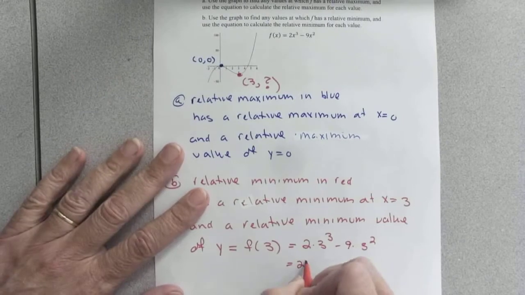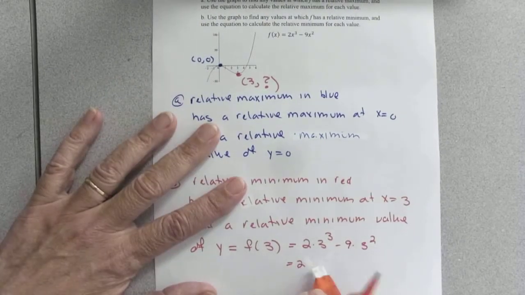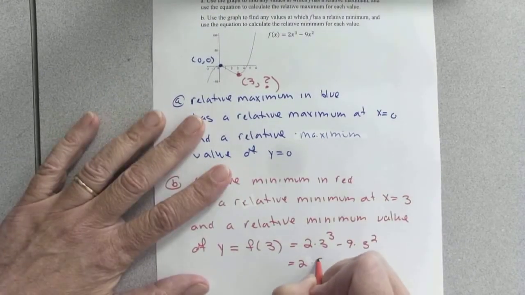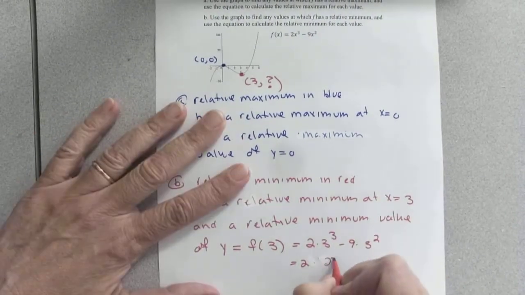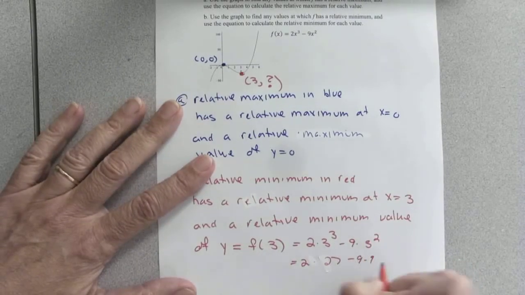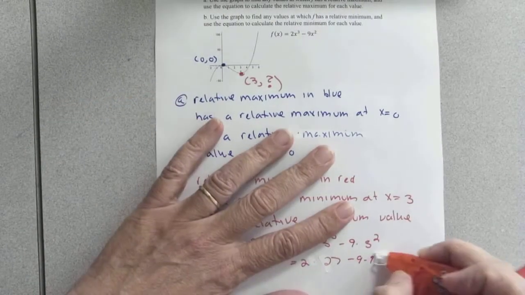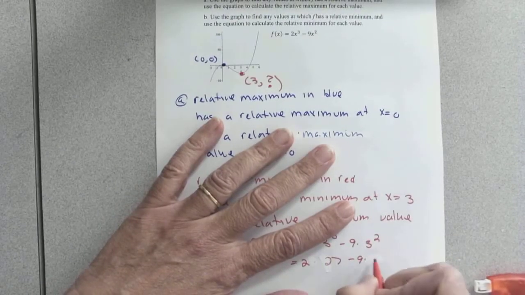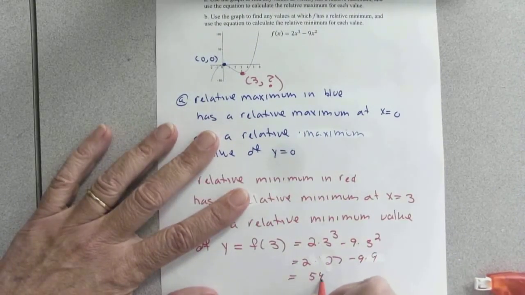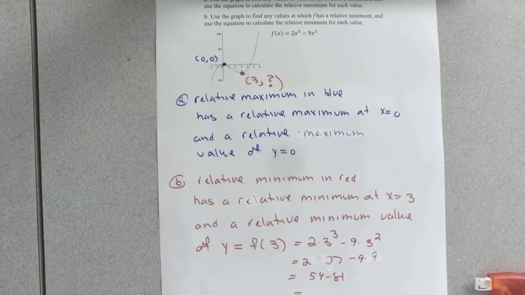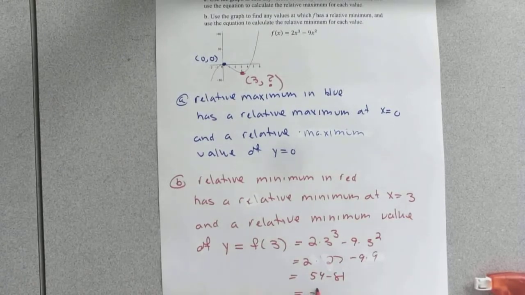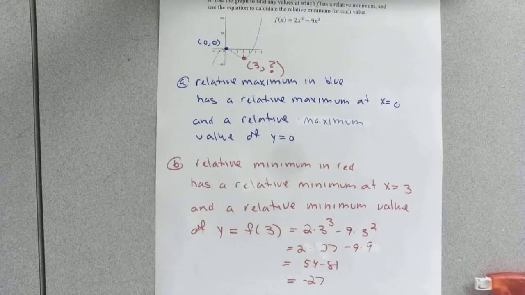And so I get 2 times 27 minus 9 times 9. And so that's 54 minus 81. And I'm not going to do that in my head. I should be able to do it in my head, but I'm not going to. Which comes up to negative 27, and that looks reasonable for the graph.